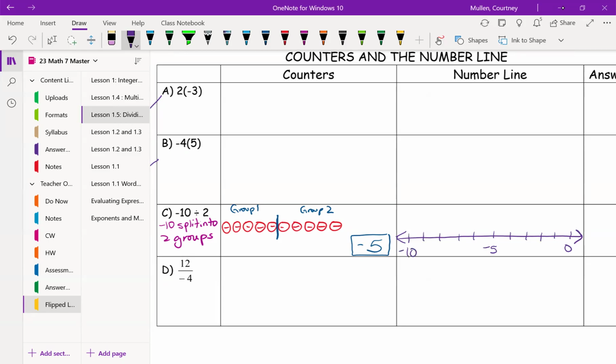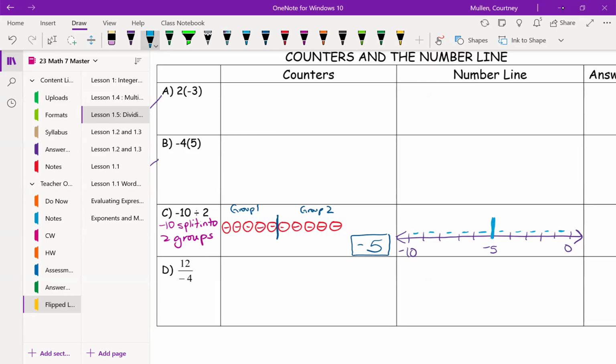So we still have to split -10 spaces into 2 groups. Well, where would we split that? Well, let's count. 1, 2, 3, 4, 5 spaces. If we split it here, on the other side of that split, 1, 2, 3, 4, 5 spaces.